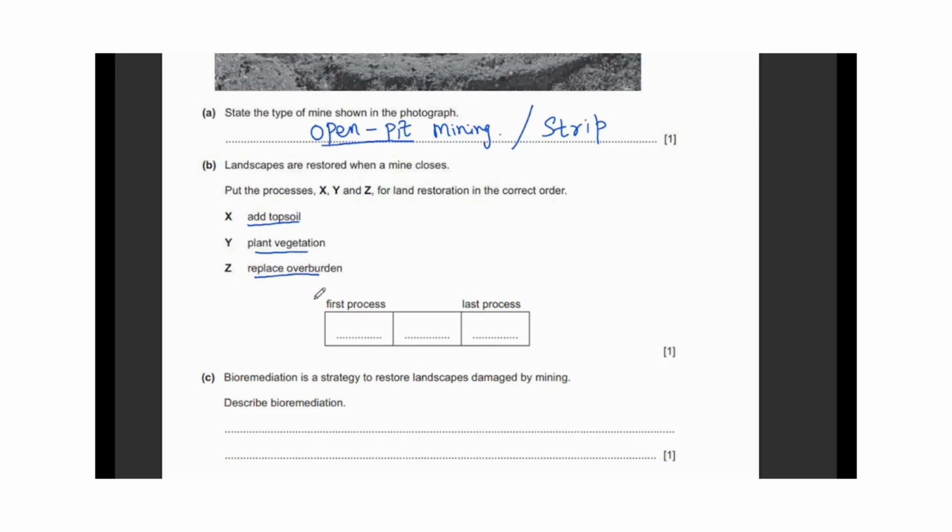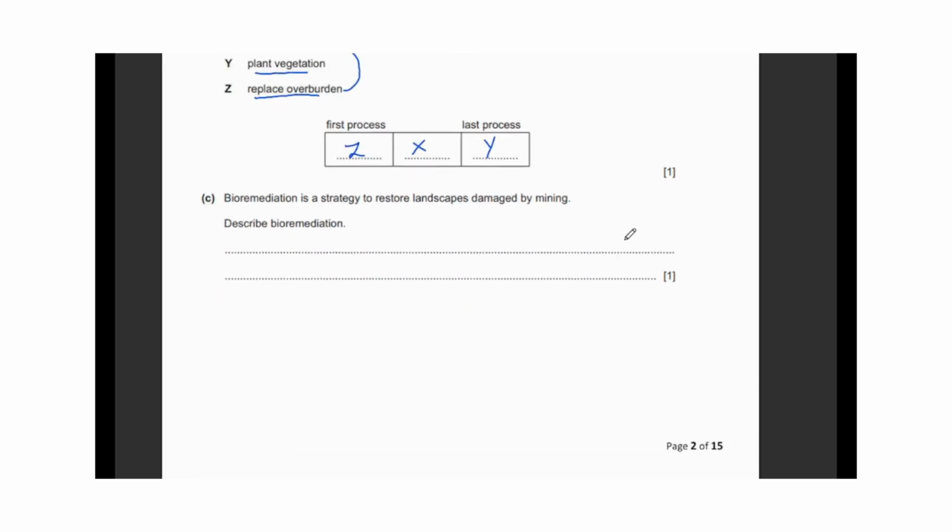The first thing is to replace the overburden, and after that move to adding the soil. Once you add the soil, then you plant the vegetation. This is the process: replace overburden, add the soil, and then the plantation process. Done. Paper 1 is a bit easy, it's very easy.